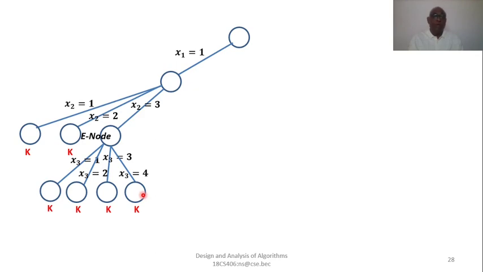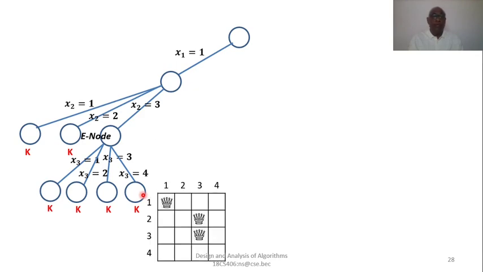If you want a board configuration view, you can see that x3 equal to 3 violates the bounding function because these two queens are in the same column.